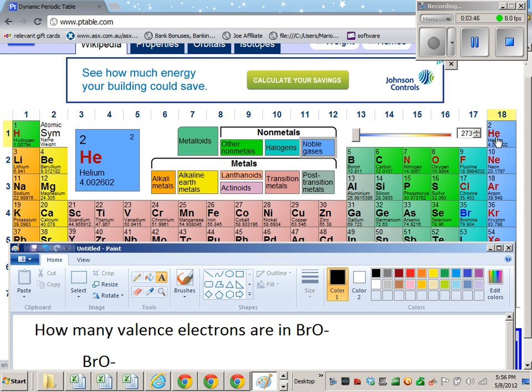Notice I'm not counting the core ones, these 2 from helium. So it would have 10 total electrons, or 8 valence electrons, ignoring those 2 core ones. And that's what it wants to get through sharing. Bromine wants to get 1 more valence electron so that it has 8 total valence electrons. And those 8 would make it have the same electronic configuration as krypton.